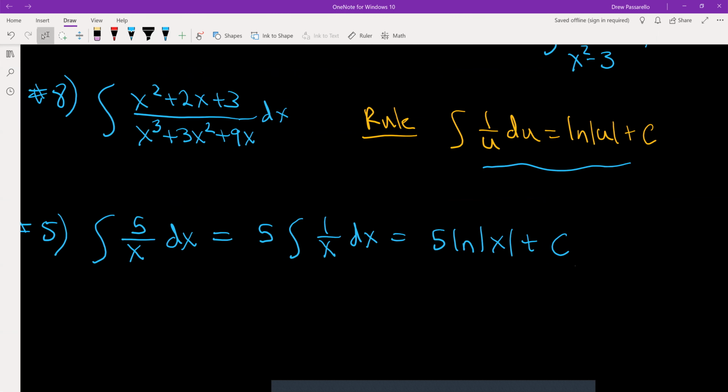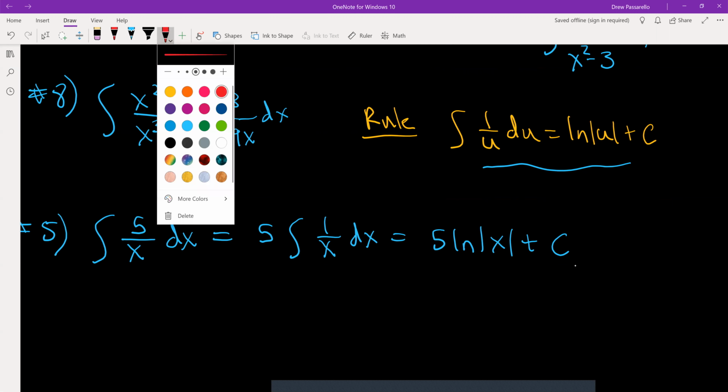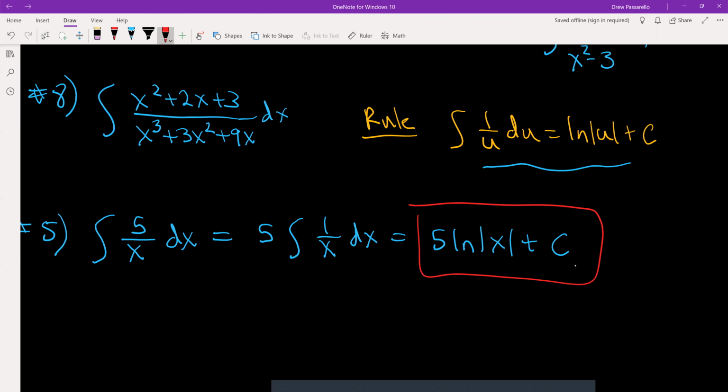Now, this is an answer, but you could write this as the natural log of the absolute value of x to the 5th power plus c because of our logarithm rules.